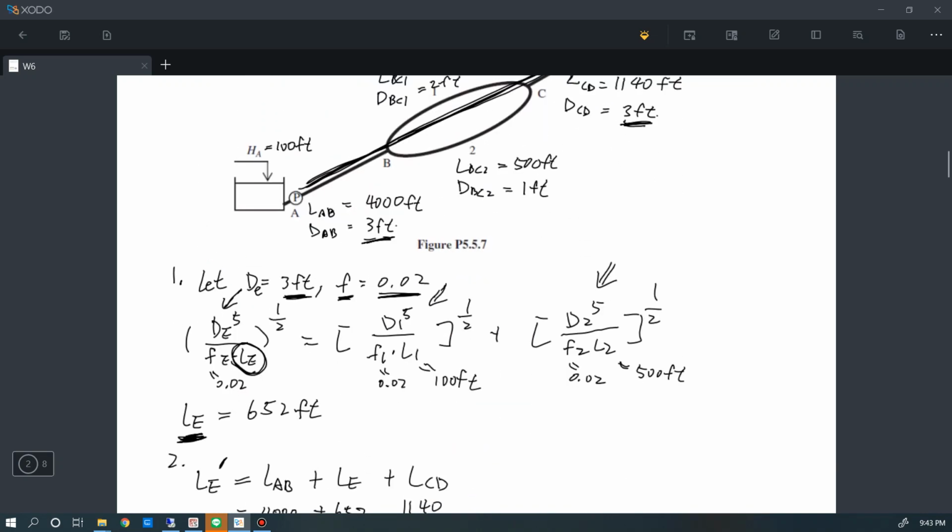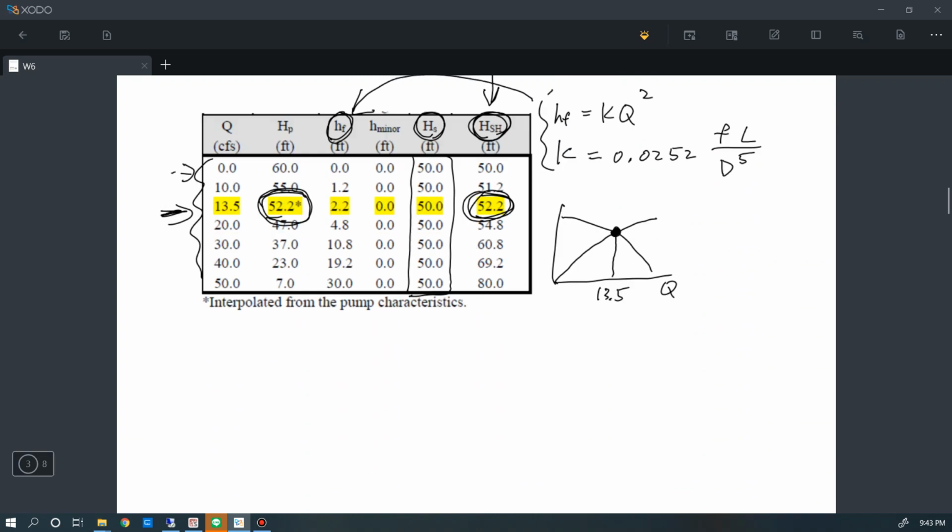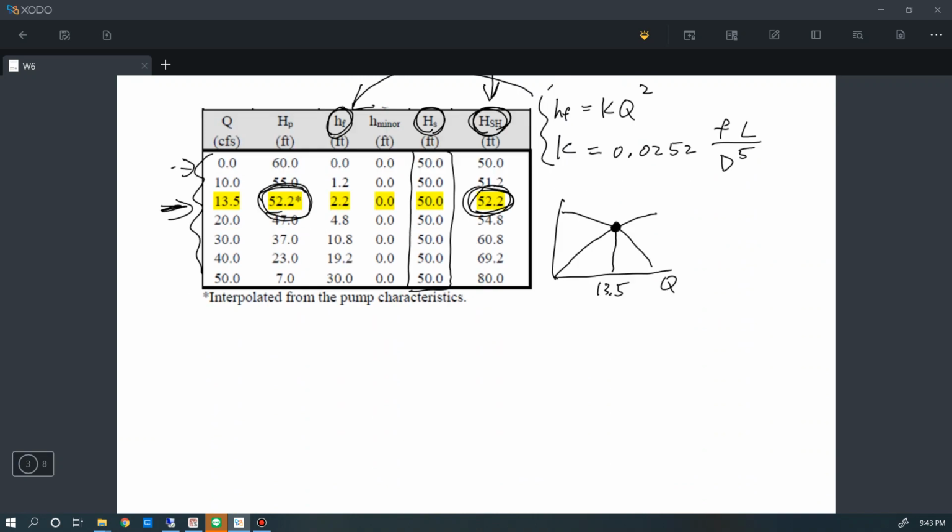Okay, so the remaining parameters that we need to solve are the discharge in branch 1 and branch 2. And how can you solve that? Because these pipelines are in parallel, the property that we have is that the head loss is equal in these two branches. Let me just clean this line out. So we can use this property to solve it.